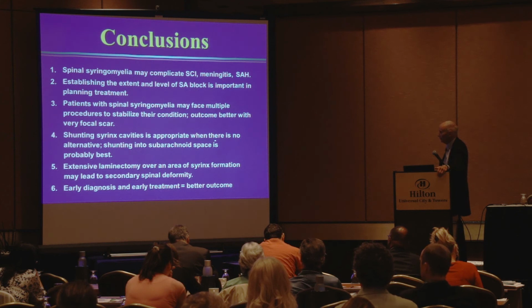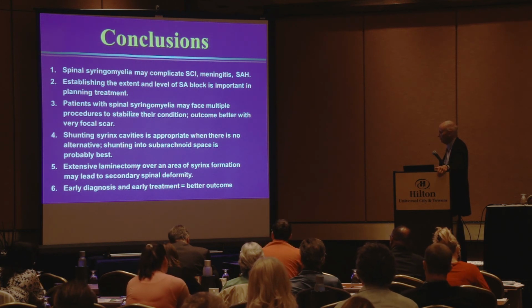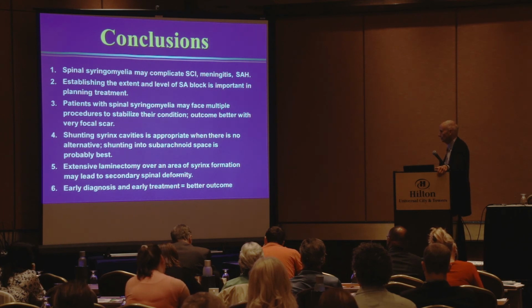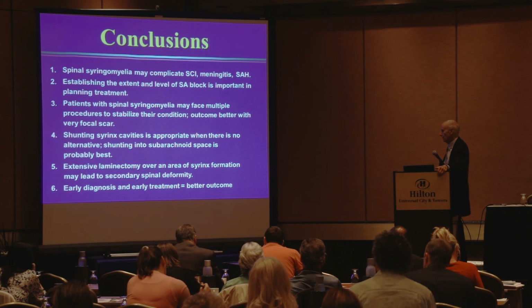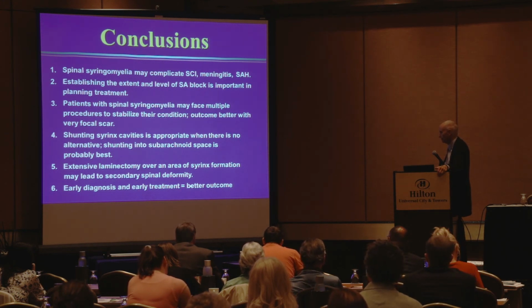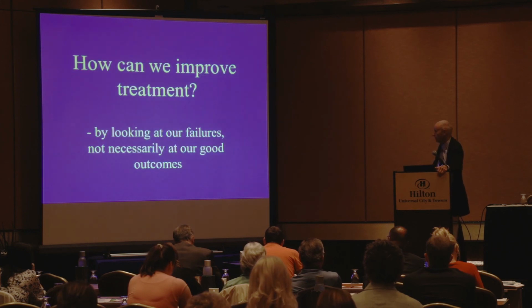Shunting is appropriate when there's no alternative, and an extensive laminectomy is to be avoided because it may lead to spinal deformity. As you also heard from Dr. Heiss just before, early diagnosis and early treatment tends to lead to better outcome.